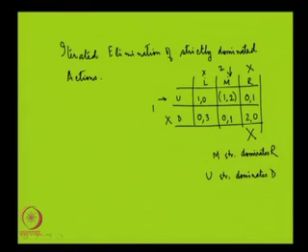Do we get profiles which are Nash equilibria and the only Nash equilibria, in the sense that in this game U and M is a Nash equilibrium, and no other action profile is a Nash equilibrium?